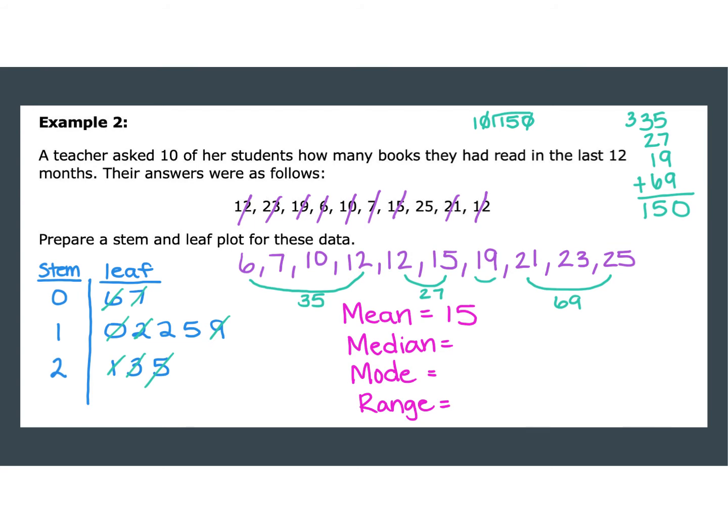We can add together 12 plus 15, and we can divide by 2 to find the median. 12 plus 15 is 27. 27 divided by 2 is 13 and 5/10.